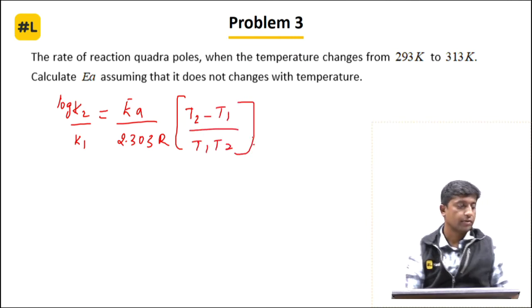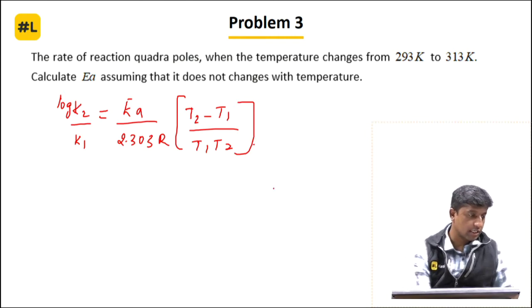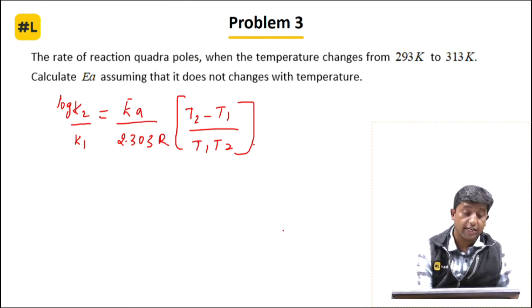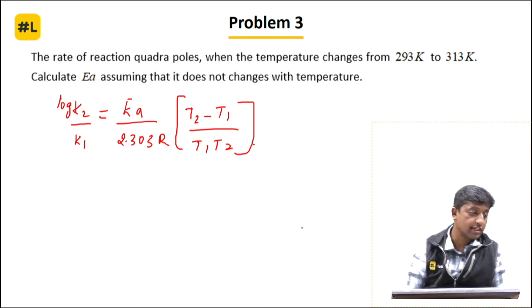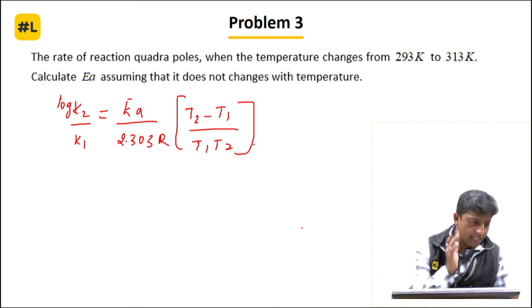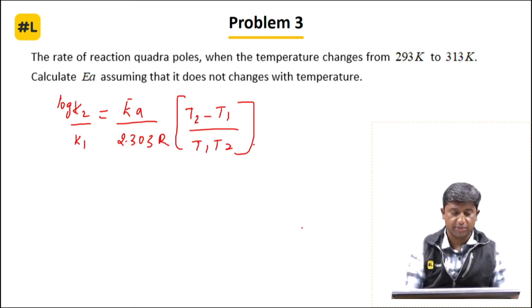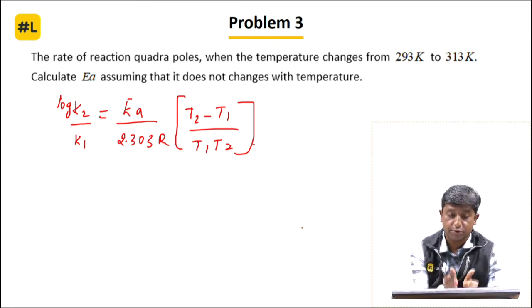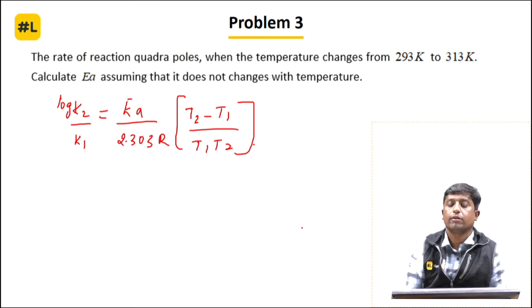Smarnika has told the correct answer. It becomes 4 times. Very good. And Sheikh, yes, you have also given the correct answer. Quadruples means it increases by 4 times. Students, this is the particular formula which should be used for this problem.